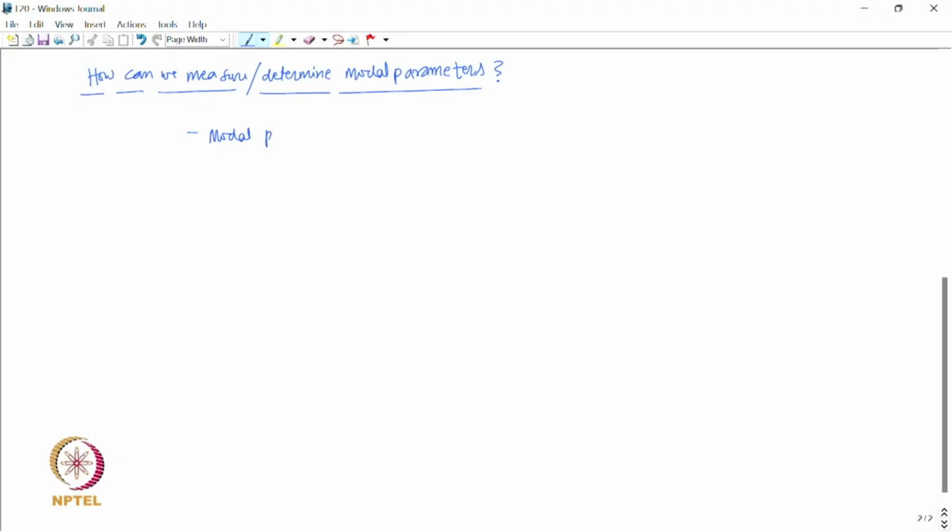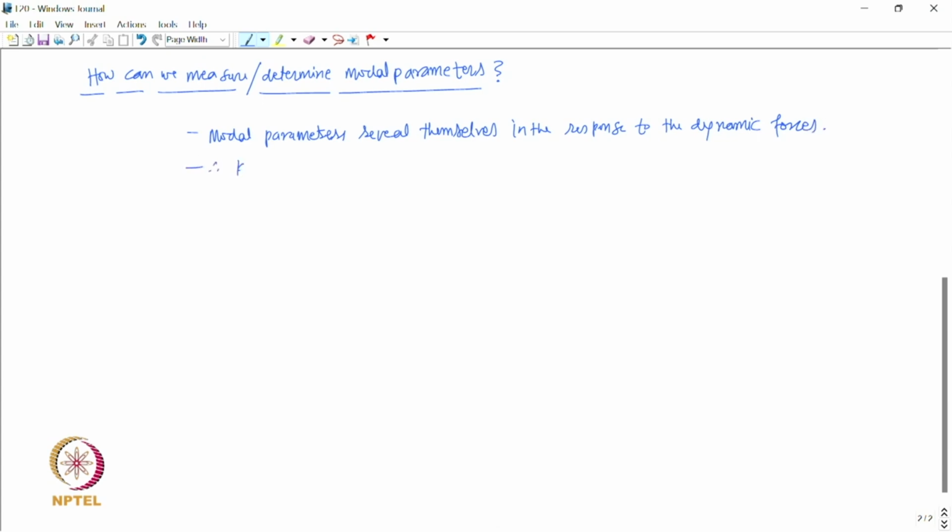So, modal parameters reveal themselves in the response to the dynamic forces. Okay.